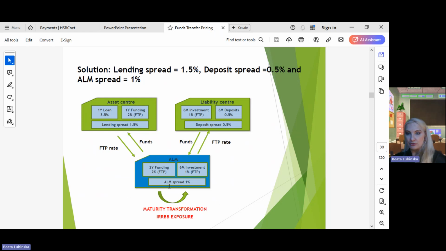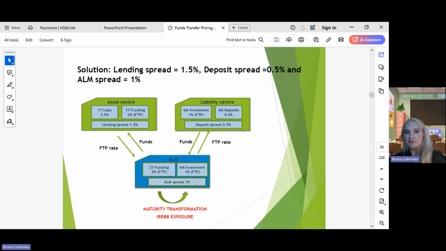The risk, again, has been transferred from the liability center to the central unit. And at the central unit, you see that we are running, as I said, the maturity transformation. My apologies, here should be 1 year rather than 2 years. So this is an error because the position is for 1 year on the asset side. But the FTP rate is correct. So 2% on the asset side, 1% on the liability side.